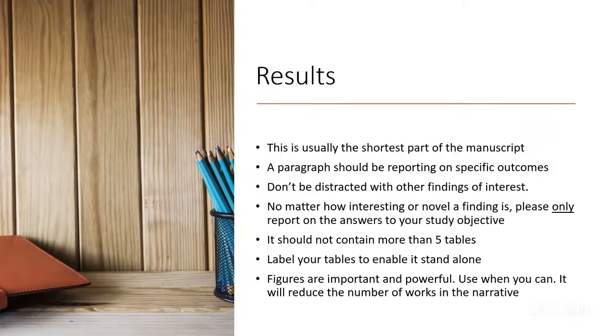You can now go further to do some associations, trying to find out, okay, could these differences in age groups have affected the prevalence and all of that? But if it's just a simple prevalence study, okay, where you're not really interested in any other thing, you've stated clearly what your objective is, then you don't have to dwell so much on something that is not your specific objective. I hope that makes sense.